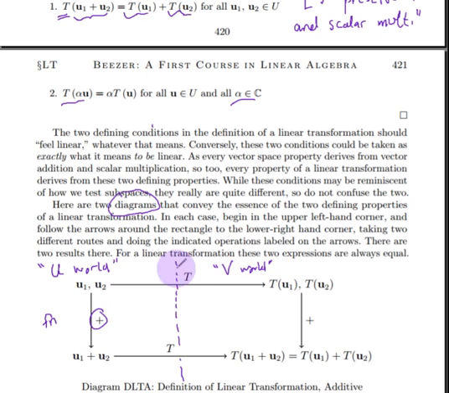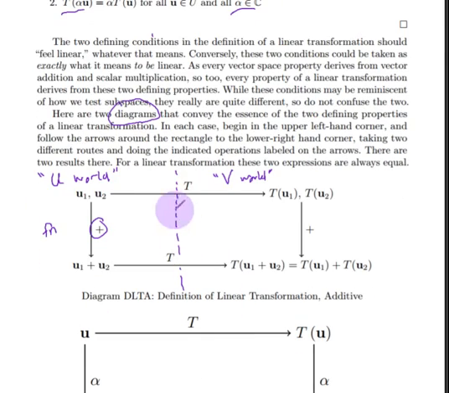You can translate bark to Spanish, and you put those together, and presumably you still get a sentence that means dogs bark. So this kind of function is sort of like a translation. It basically says that for a linear transformation, you can work either in the U world or in the V world, and you end up with the same result.